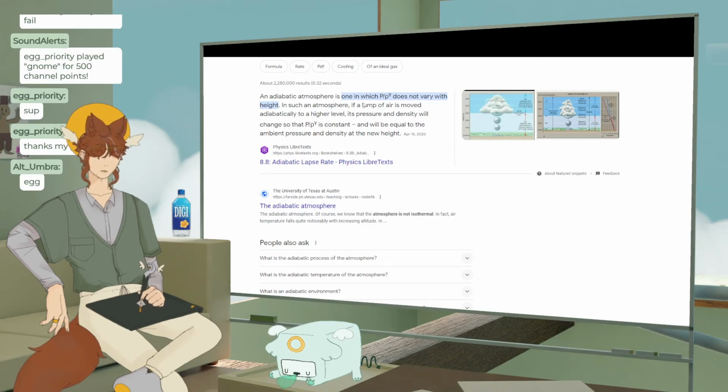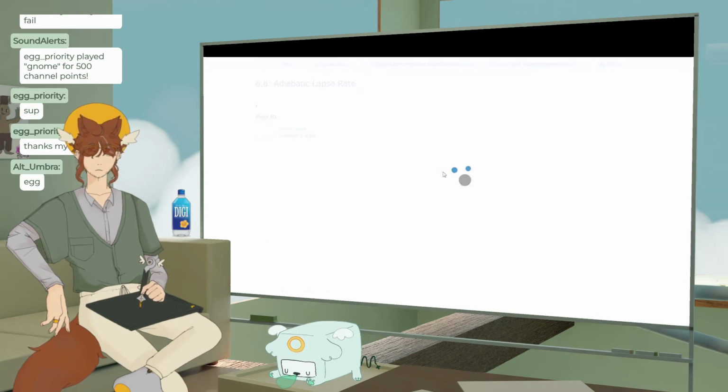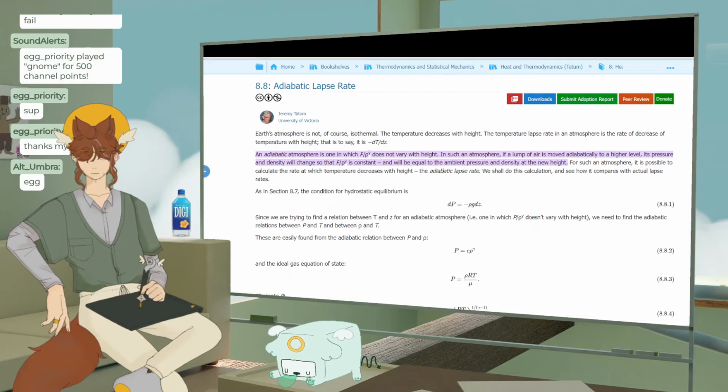If a lump of air is moved to a higher level, its pressure and density will change so that P over density to the gamma stays constant. It is possible to calculate the rate at which temperature decreases with height.